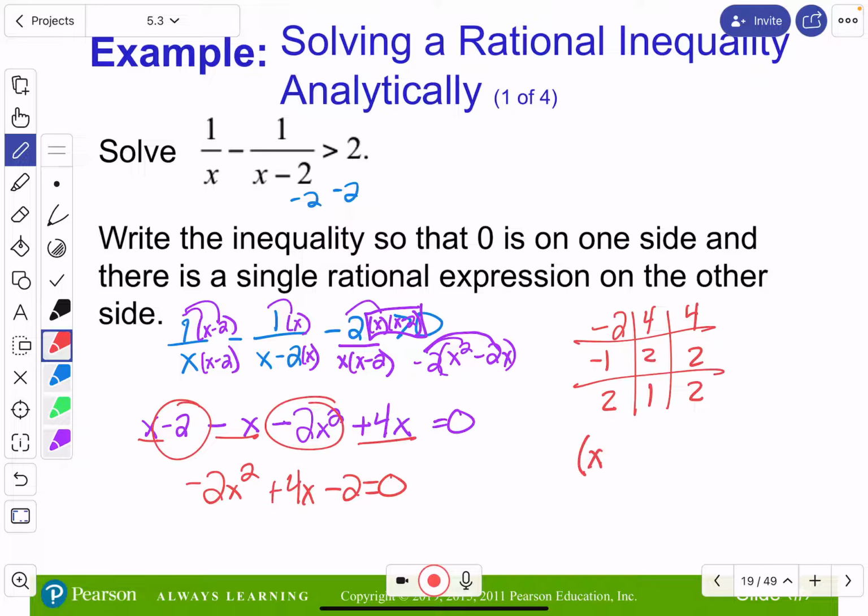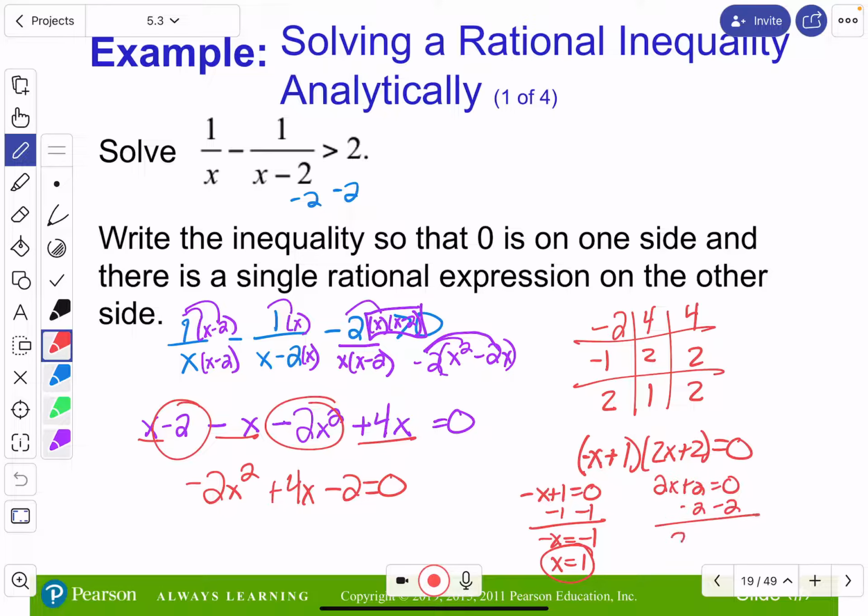So we get negative x plus 1 and 2x plus 2 equals 0. So if we solve these, negative x plus 1 equals 0. We get x equals 1 as a choice. And then 2x plus 2 equals 0. Divide by 2. x equals negative 1 as a choice.